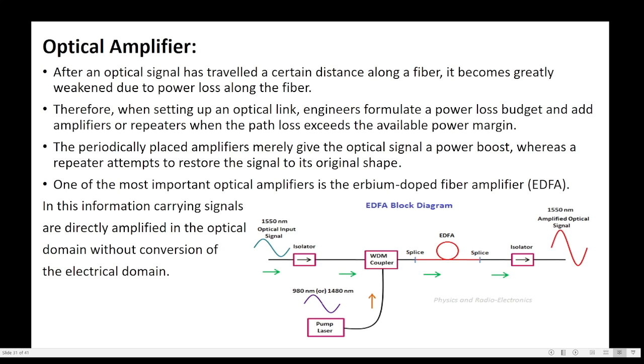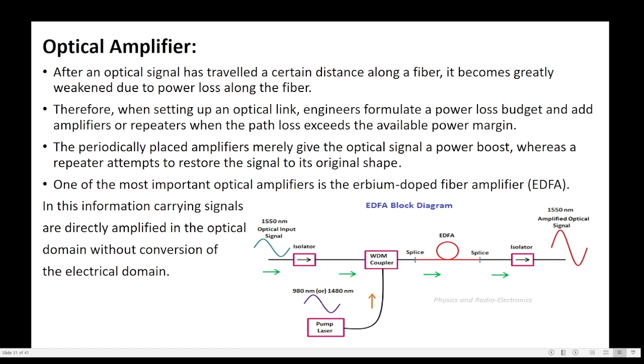Optical amplifier is the most important device in the communication system. After an optical signal has traveled a certain distance along a fiber, it becomes greatly weakened due to the power loss along the fiber.